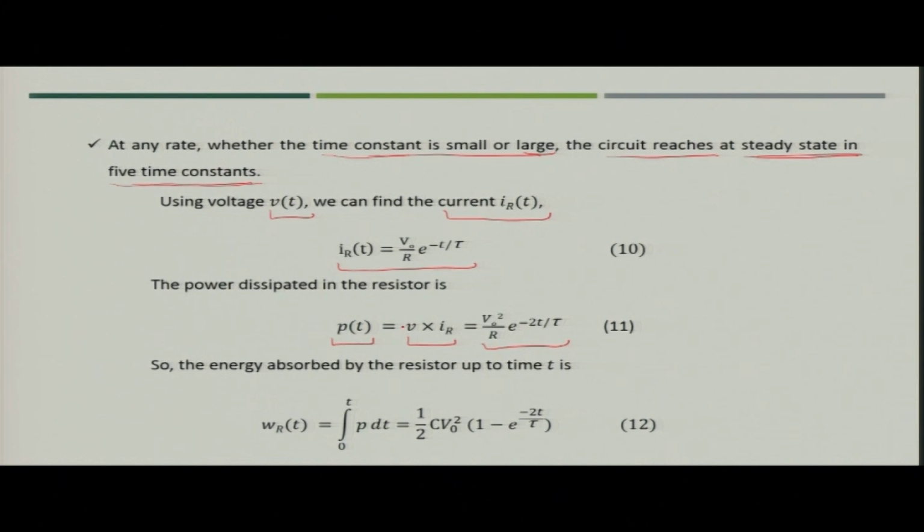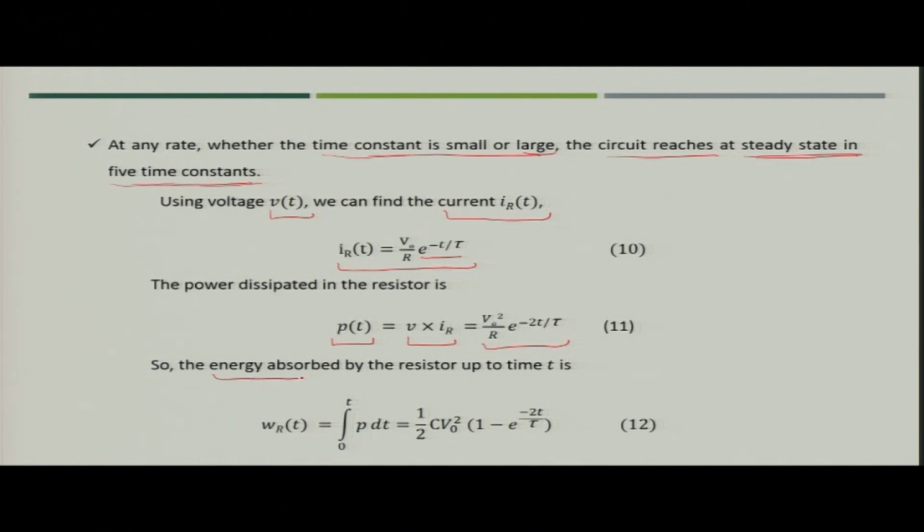For V we have V naught into e to the power minus t by tau, and for I we again have V naught by R into e to the power minus t by tau. So, we have two components of e to the power minus t by tau, which is why it becomes e to the power minus 2 times t by tau.